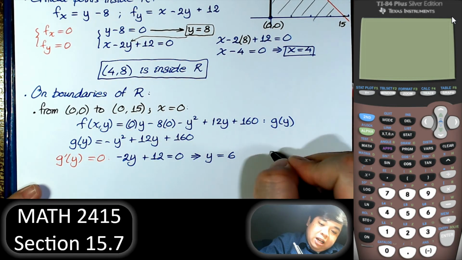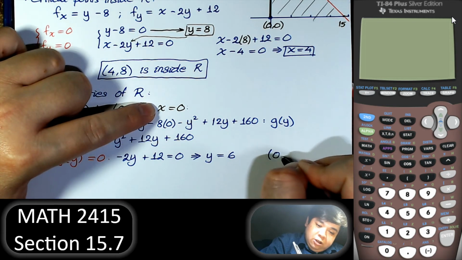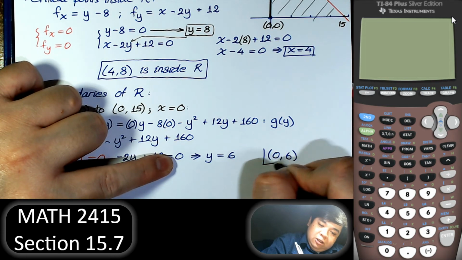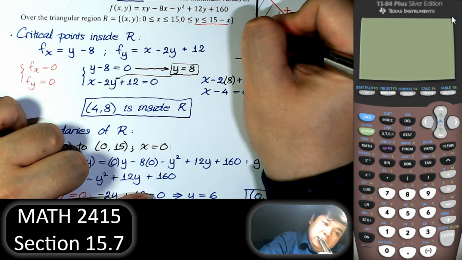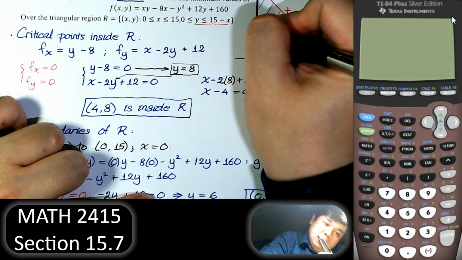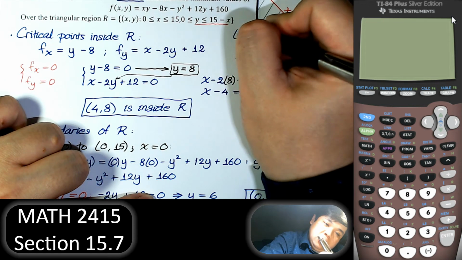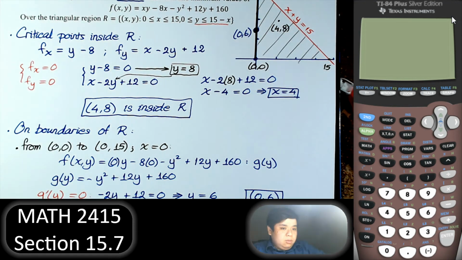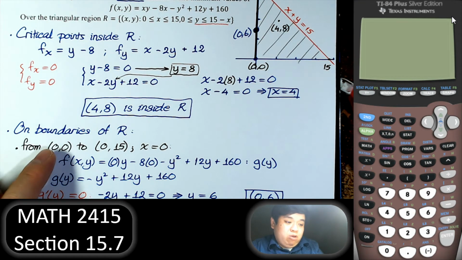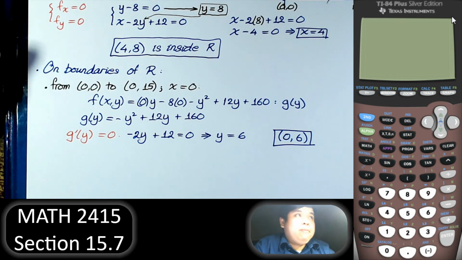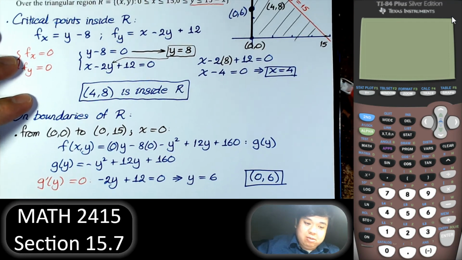And so the point is x equal to 0, y equal to 6. Of course, we still talk about the boundary (0, 0) and (0, 15). So that is the first line segment.